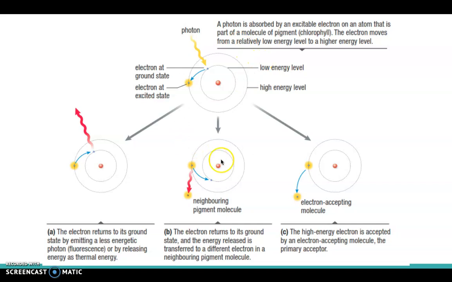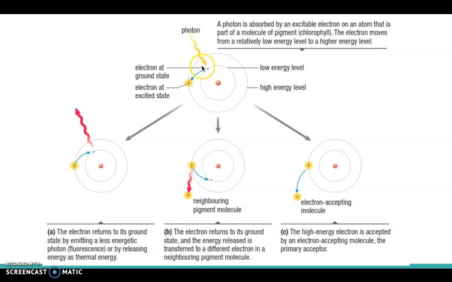Like here is an energy level, and this is an energy level over here. So an electron from one energy level moves to another level because it's been hit by a photon of light. It will jump to a different energy level. So a photon comes in, it's going to excite this electron, and it's going to cause this electron to jump to another energy level.